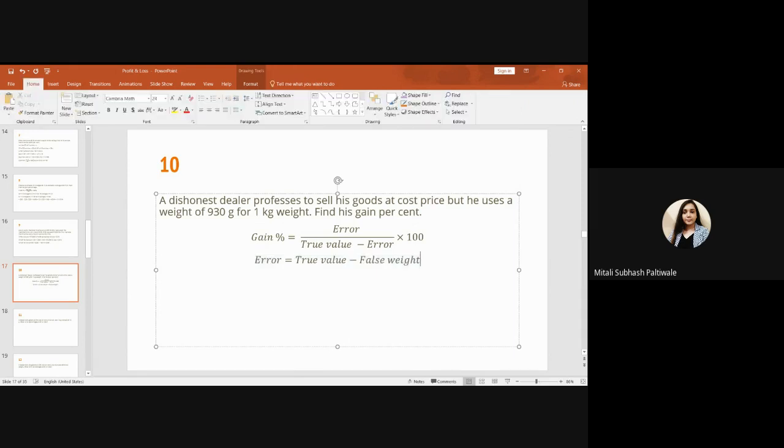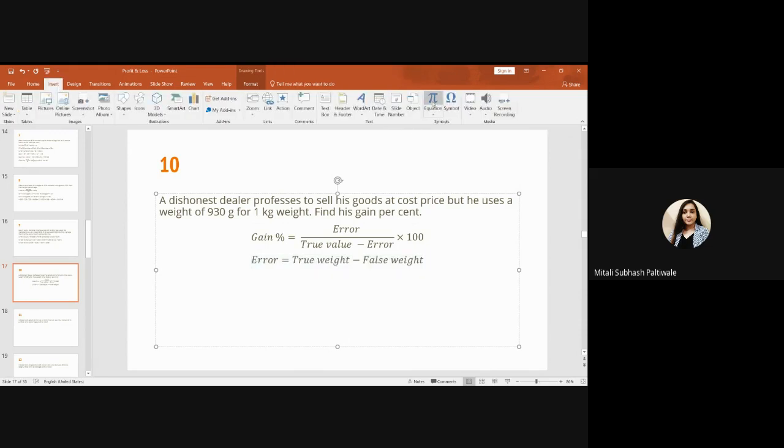Okay, now this is done. And another formula for the same is, rather, I would write this: true weight minus false weight.